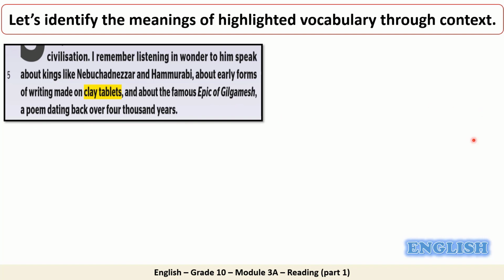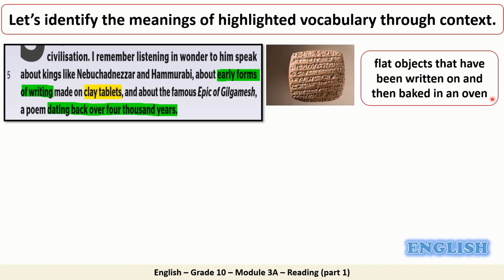Let's see the context that helps us identify the meaning. It's one of the early forms of writing, dating back over 4,000 years. So, clay tablets are flat objects that have been written on and then baked in an oven.